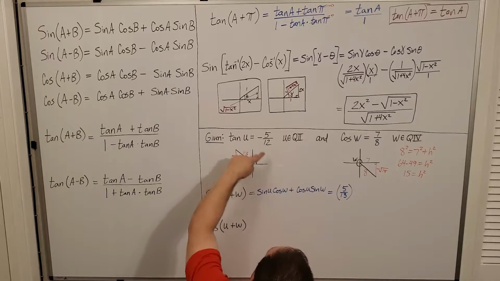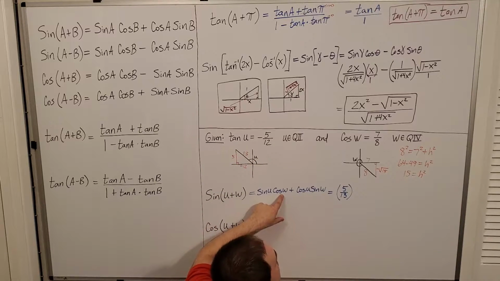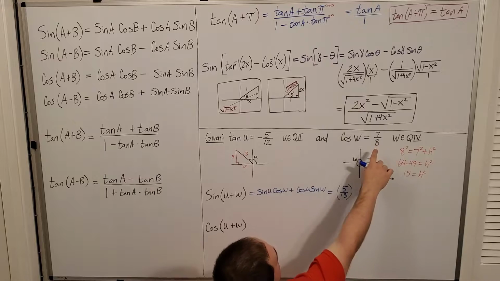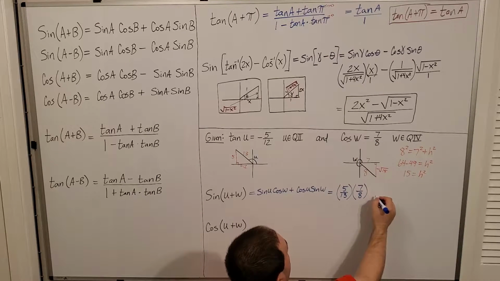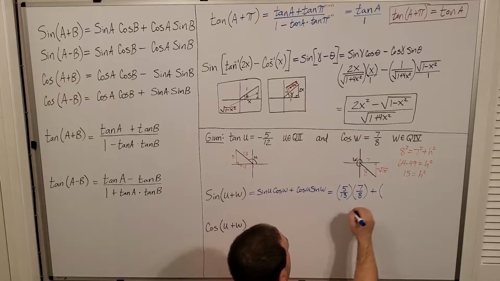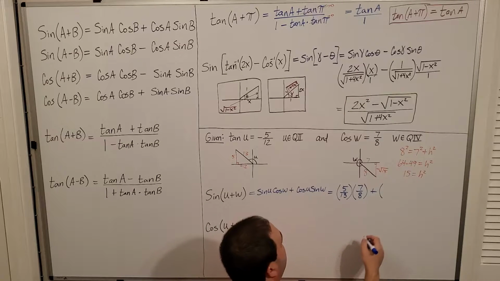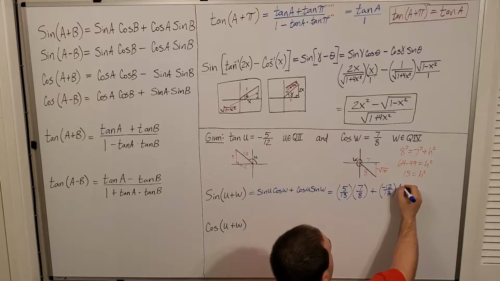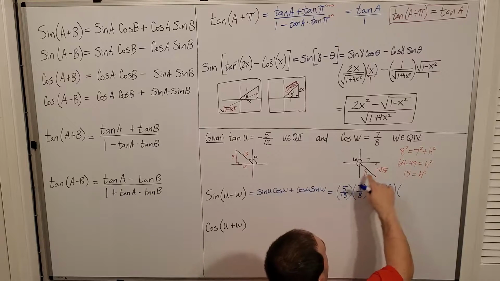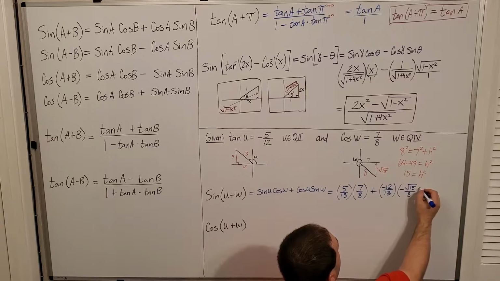So now you see why I had to set up and look for the other ratios here. The cosine of w is already given to us, that's 7/8. Plus, the cosine of u is negative 12 over 13. And the sine of w is negative square root of 15 over 8.